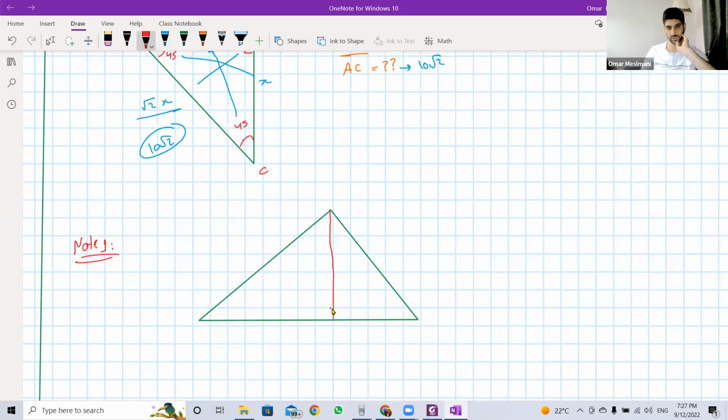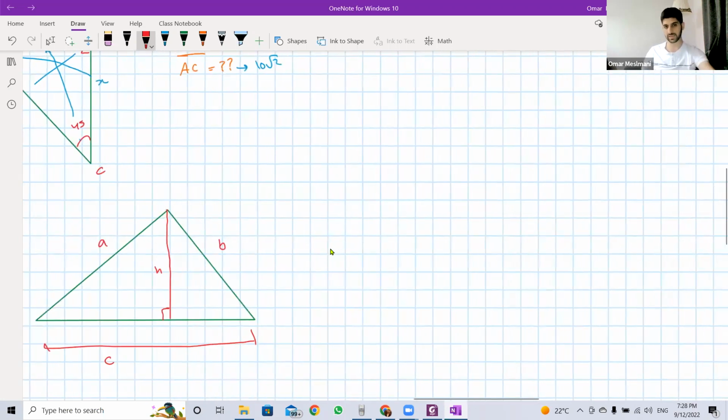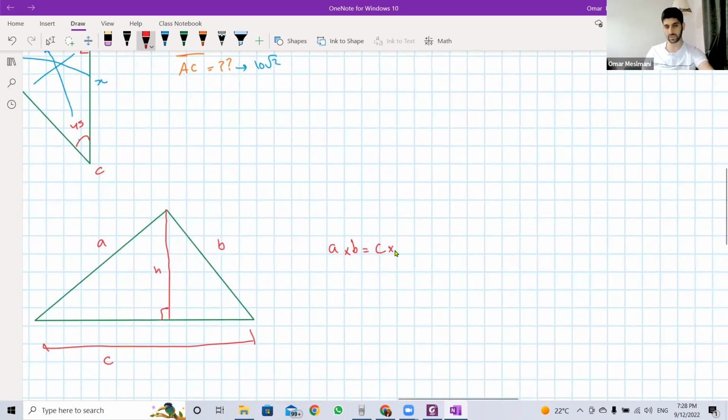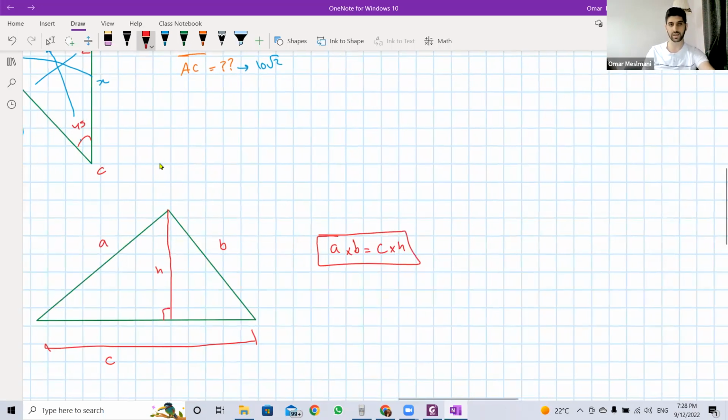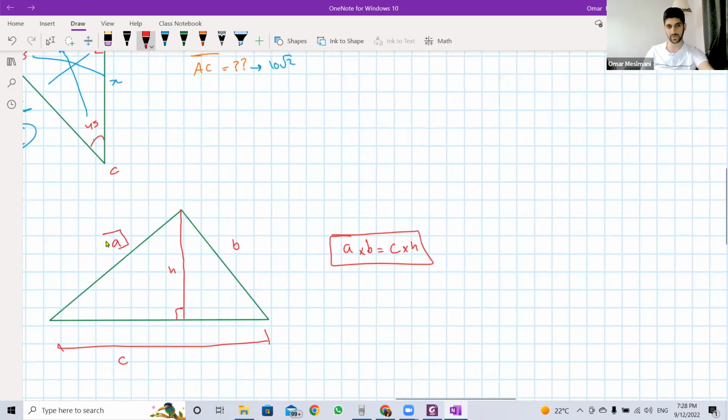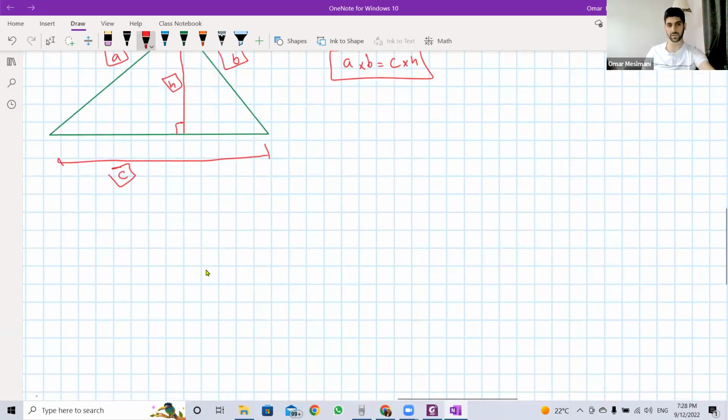If we say that this is H, that's A, that's B, and the whole side here is C, I can say that A multiplied by B has to equal C multiplied by H. Again, this A multiplied by this B has to equal this C multiplied by this H. That's note number 1.